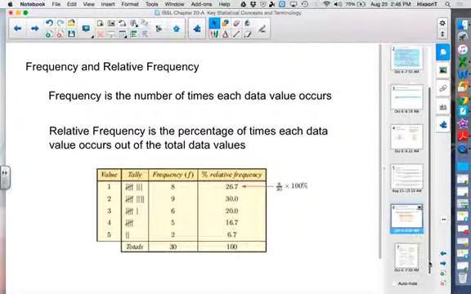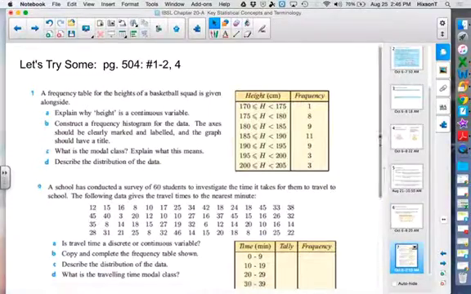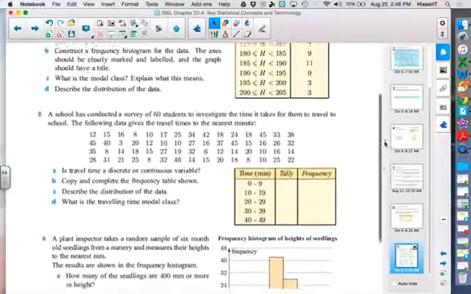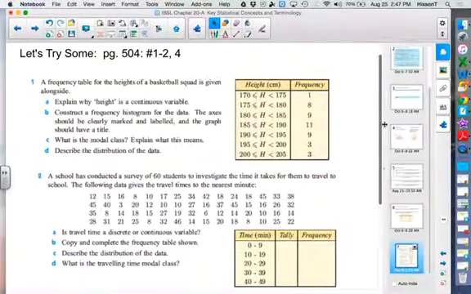Now, what I want to do at this point, before we go on to do anything else, is just give you some practice working with some of these ideas. And we're going to do that with a couple of problems. You can skip number 2, but we're going to do number 1. This is in the book on page 504 if you want to bring up the PDF of the book and look at it closer.